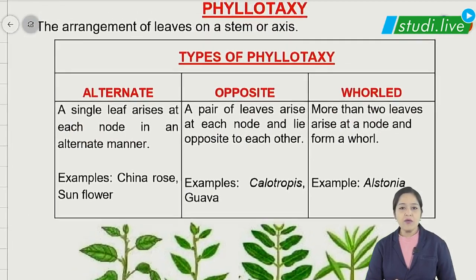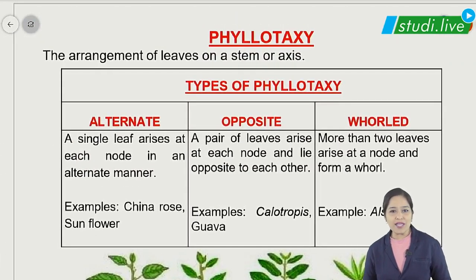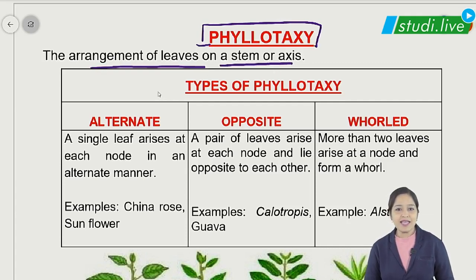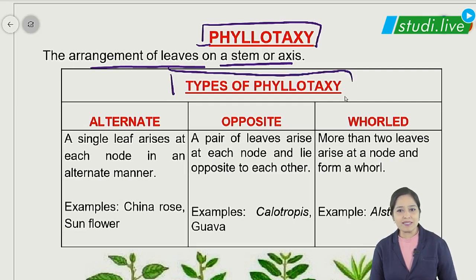Now the next part is the arrangement of leaves, which is known as phyllotaxy. The arrangement of the leaves on the stem or axis is known as phyllotaxy. This is a very simple concept, and the last part of the leaves.